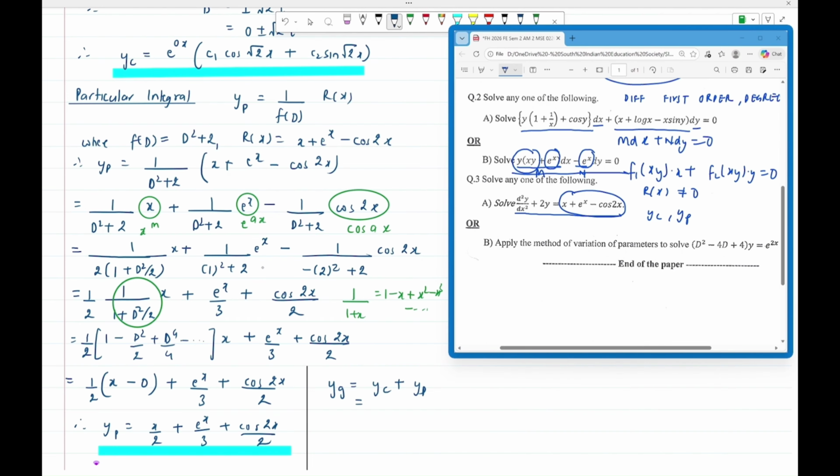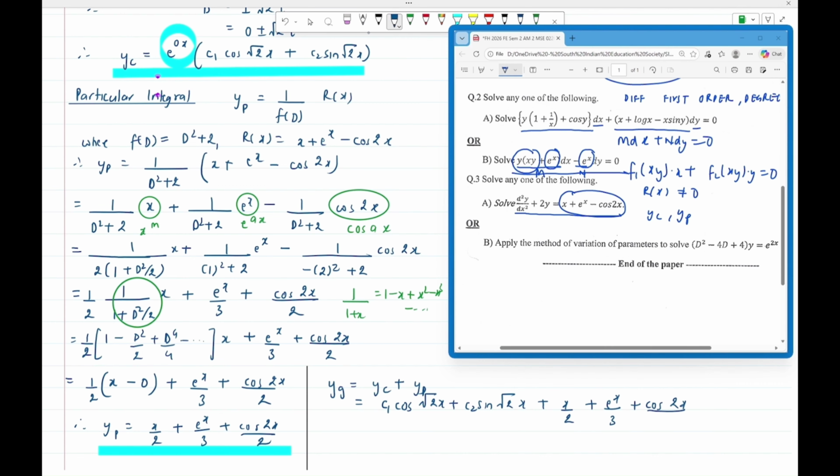So that is going to be e raised to 0x, which is going to be 1, so we can choose not to write that. So c1 cos of root 2 x plus c2 sine of root 2 x plus x by 2 plus e raised to x by 3 plus cos of 2x by 2.